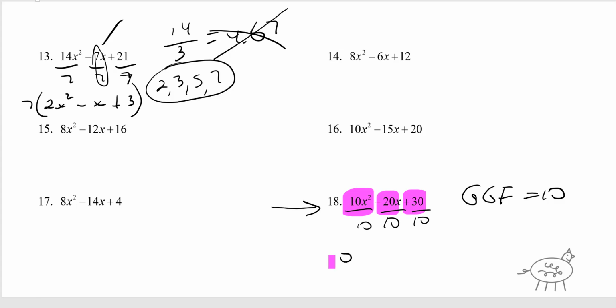So it's 10, and then parentheses. So again, I'm going to have 1, 2, 3 terms. Okay, so 10 divided by 10 is 1. So 1x squared. Negative 20 over 10 is minus 2x. 30 divided by 10 is plus 3.